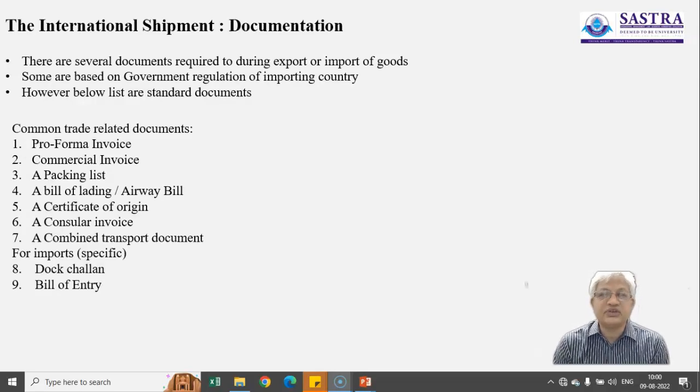There are several documents that are required during an export or import of the goods. Some of them are standard documents and some more documents are spelt out by the government of the importing country. There may be certain regulations and guidelines which the business person in that country, who is also the importer, should be adhering to.